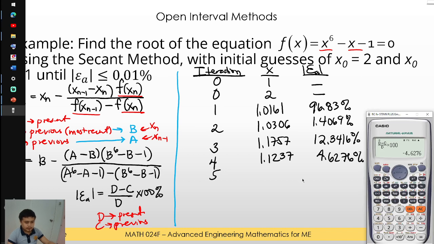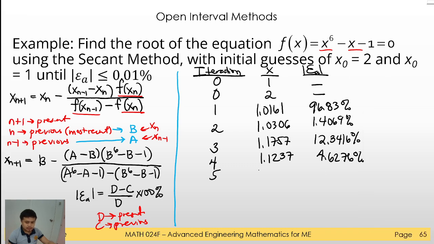it might take longer. Let's see. So calc 1.1237, 1.1757. So 1.1337.